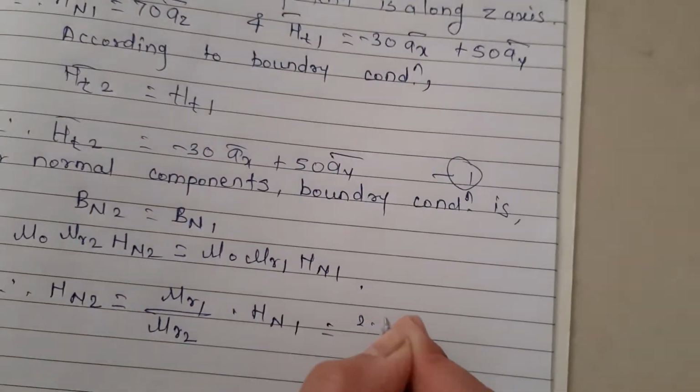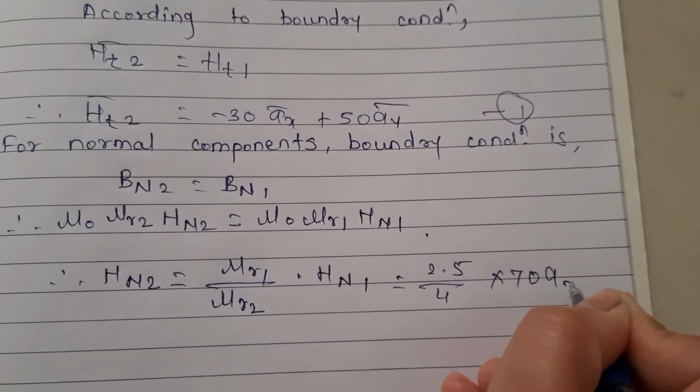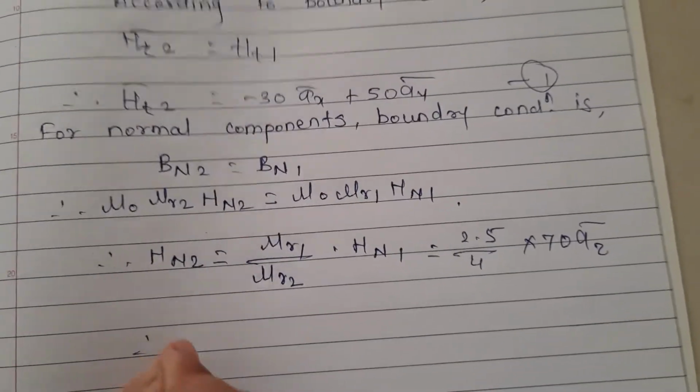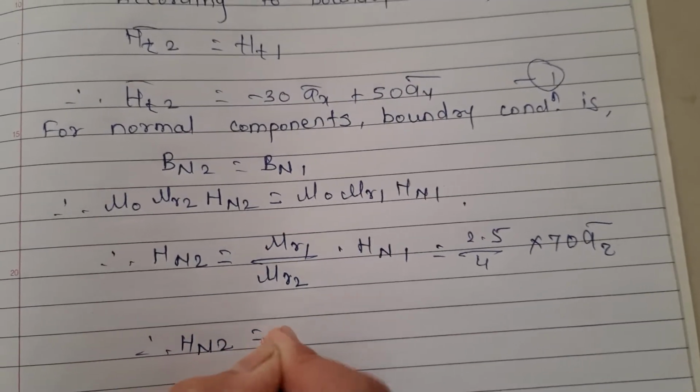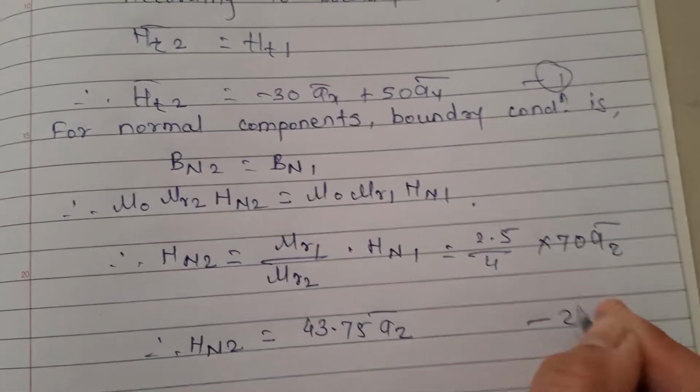So it is 2.5 divided by 4 into 70 aZ. So its answer is Hn2 is equal to 43.75 aZ bar.